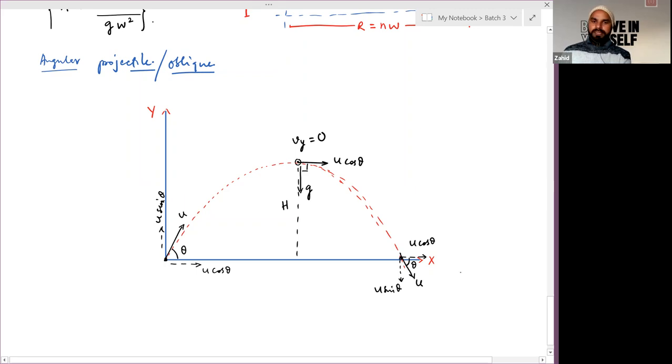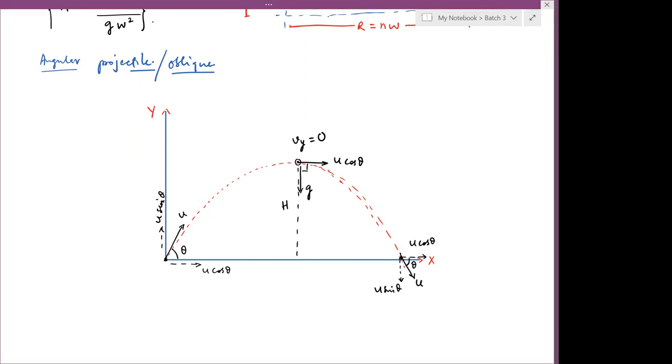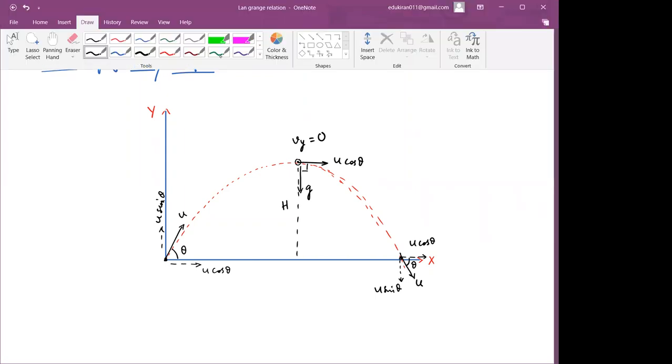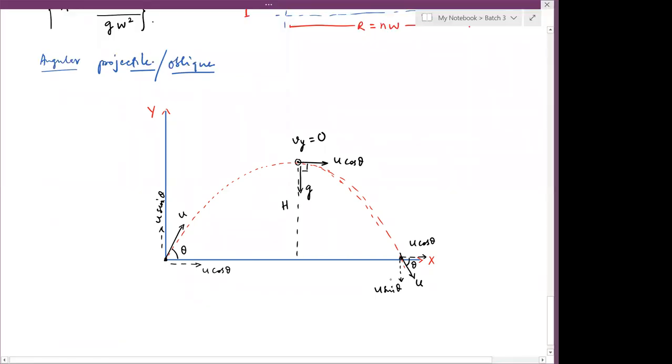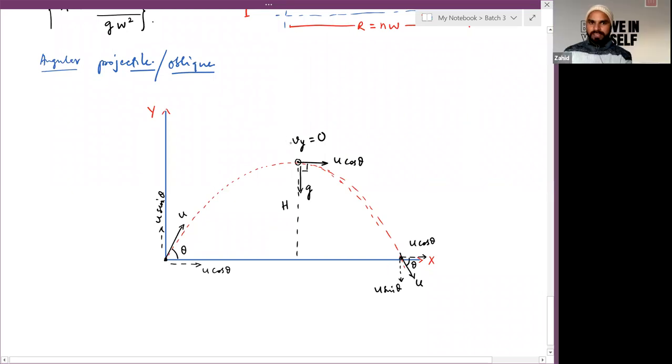Is it clear till this part? Yes, sir. Okay. Sir, where is u sine theta for the highest point? As there is no component of y, so u sin theta will be 0. Okay.